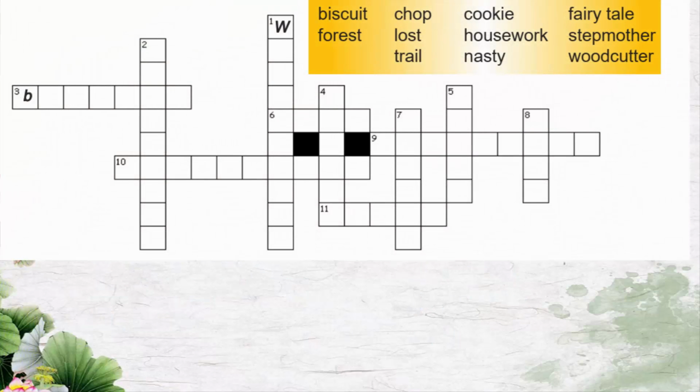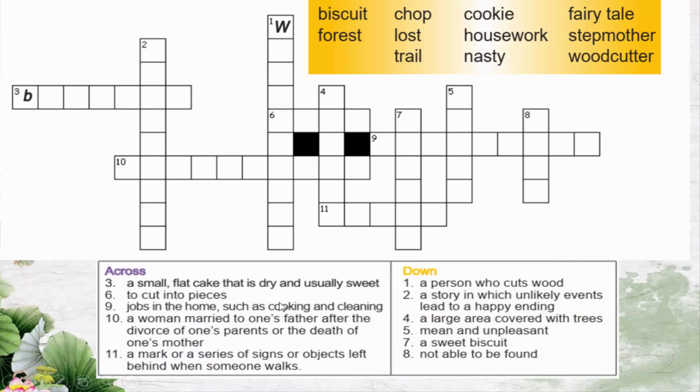So let's check. When you write in your textbook, you have to put 1 letter in 1 box. So please check with me. The first one is number 3. It's biscuit. And then the downside is woodcutter.